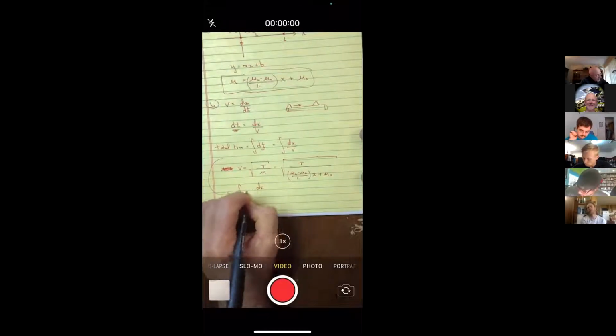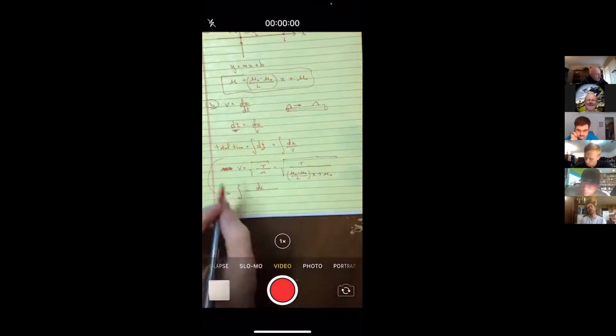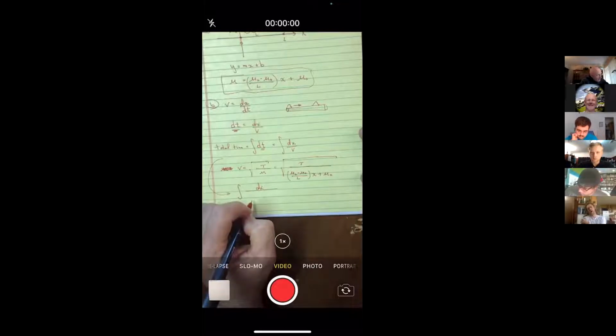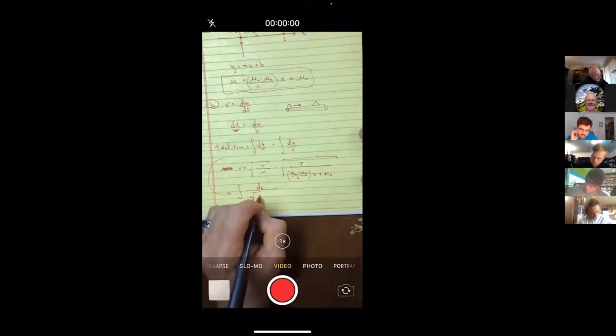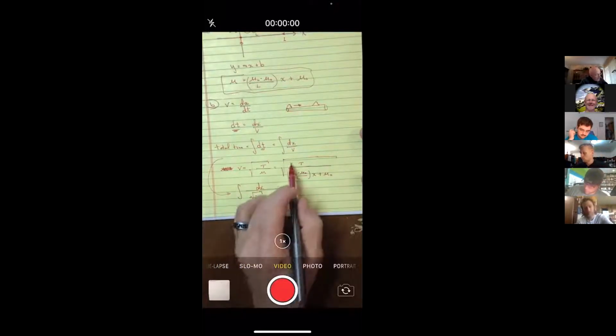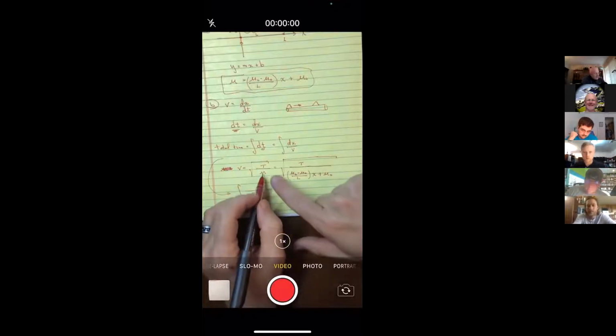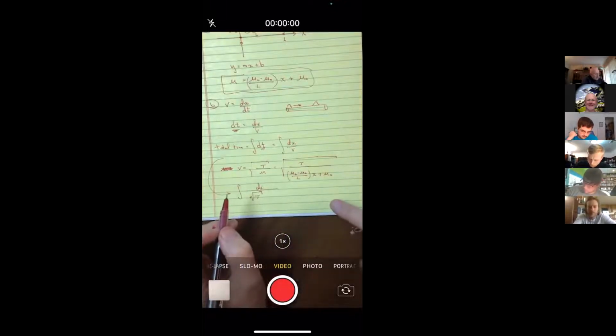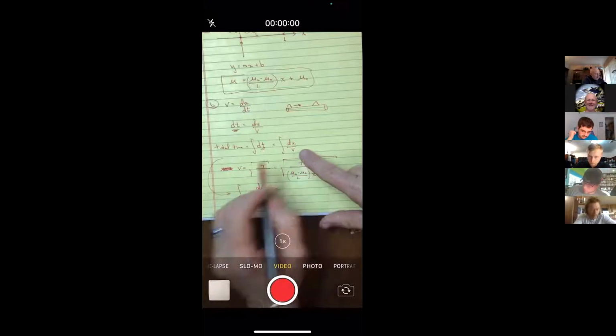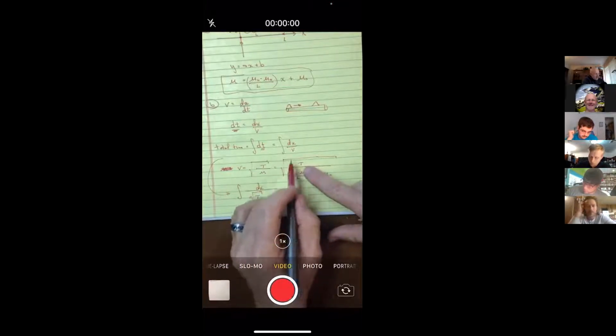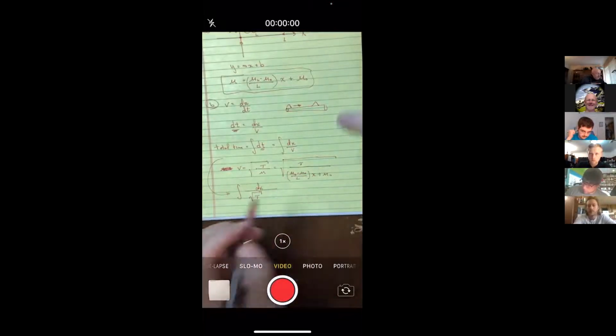Here's my dx. And in place of velocity, then I will put, and I'm going to break this into two pieces, the square root of the tension over, and since the velocity is this, and so this would be in the denominator, and then this would flip and be on top.